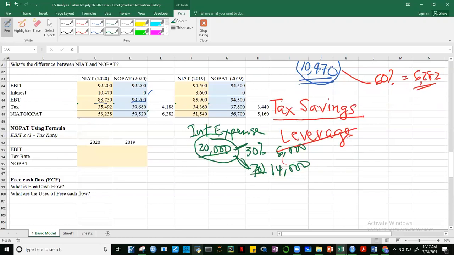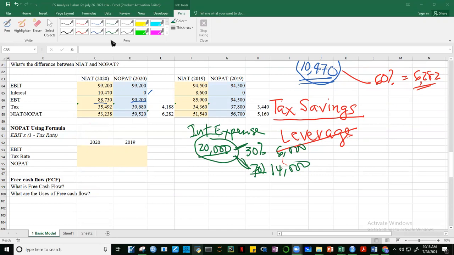Okay, so what's the importance of NOPAT for us? Okay, may question dito. Depende sa tax rate.